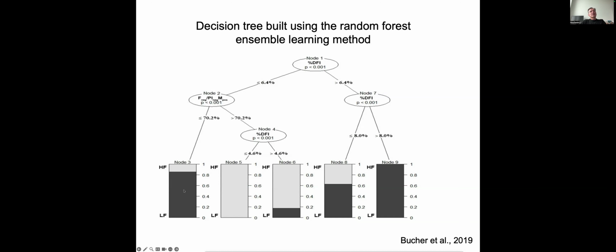And also a high percentage of low fertile bulls was found if the percentage of viable sperm was less than 70%.